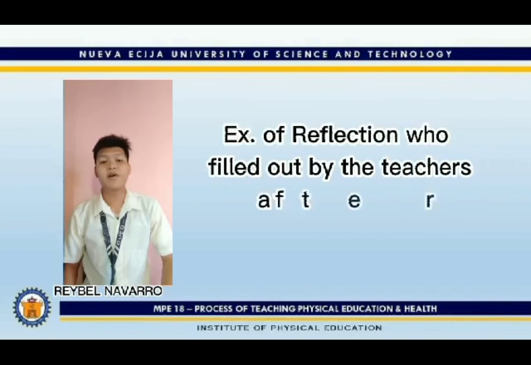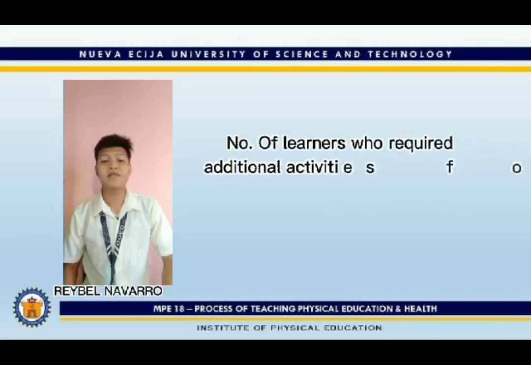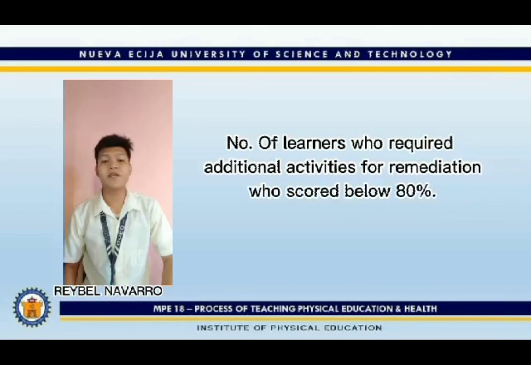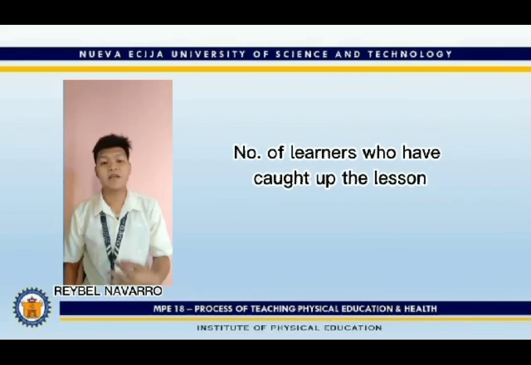Here is the example of the reflection that will be filled by the teachers after the lesson. First is the number of learners who earned 80% in the evaluation. Next is the number of learners who required additional activities for remediation who scored below 80%. Next is the number of learners who have caught up with the lesson.